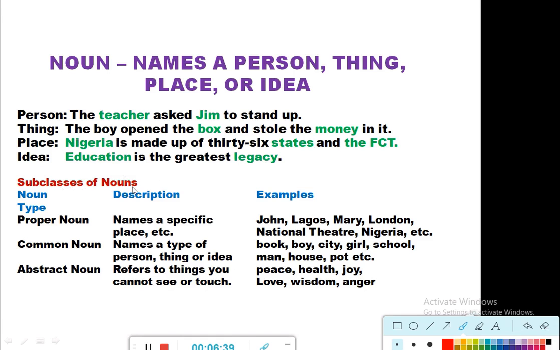Now, subclasses of nouns. We shall be looking at subclasses of nouns. Now, we will be looking at the noun type, the description, and the examples.